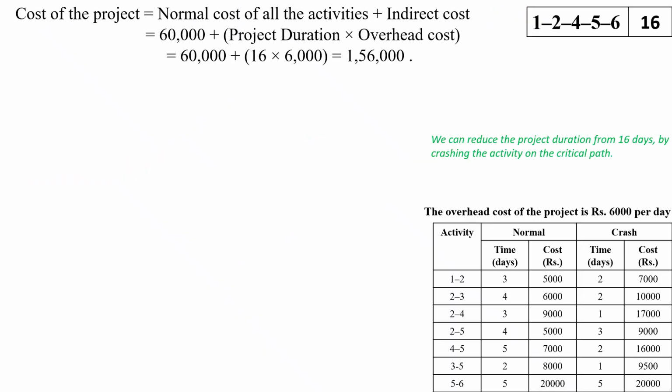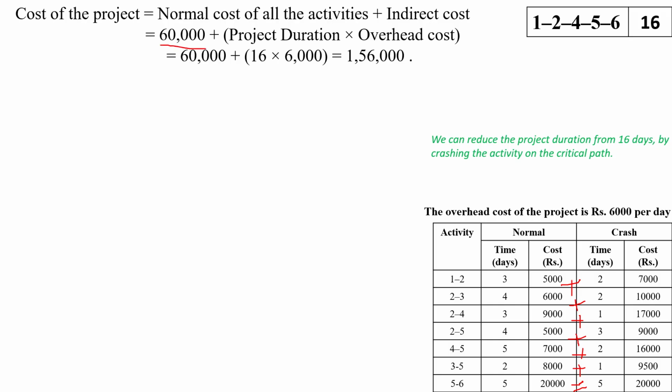Next we have to calculate the cost of the project. Cost of the project equals the normal cost of all the activities plus indirect cost. Here the normal cost of all the activities is 5,000 plus 6,000 plus 9,000 plus 5,000 plus 7,000 plus 8,000 plus 20,000, which equals 60,000.